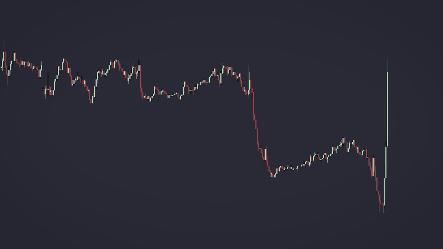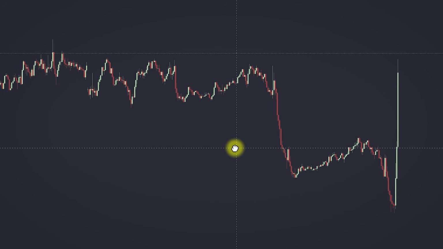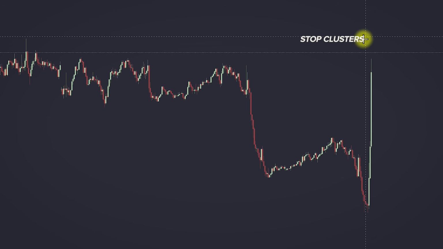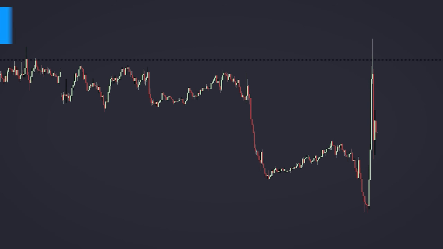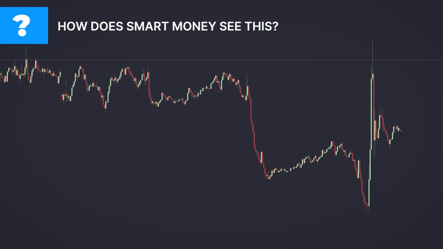Here's how it works. You see a resistance area. It looks like a perfect short opportunity. Where do you put your stop loss? Above the highs, of course. So does everyone else. But smart money sees this differently. They see all those stop losses sitting above the highs as an opportunity.